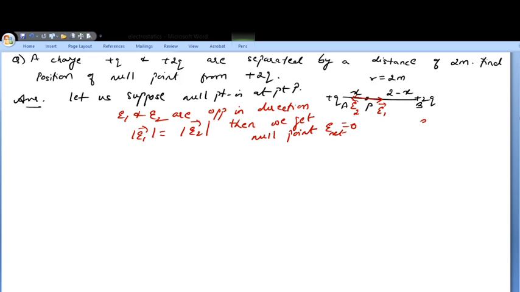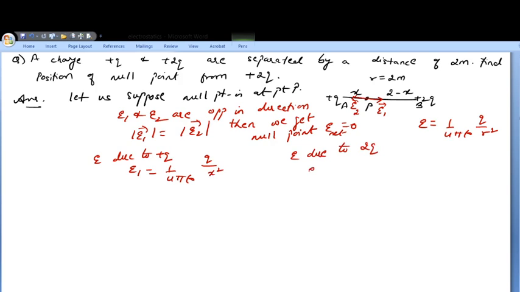And what is the expression for electric field intensity? 1 upon 4 pi epsilon naught q upon r square. This is the general expression. So E due to plus q, that is E1, is 1 upon 4 pi epsilon naught q upon x square. And what will be E2, the E due to 2q?